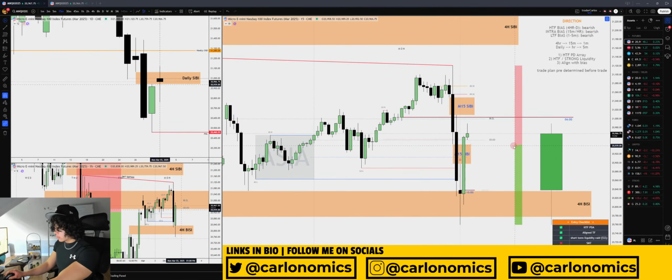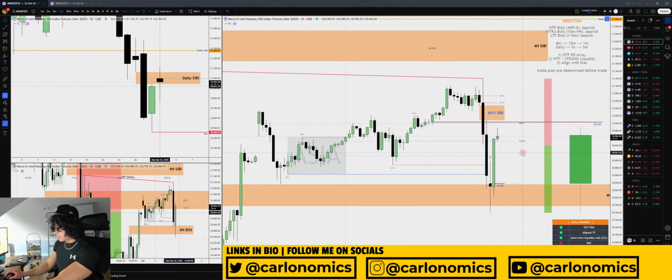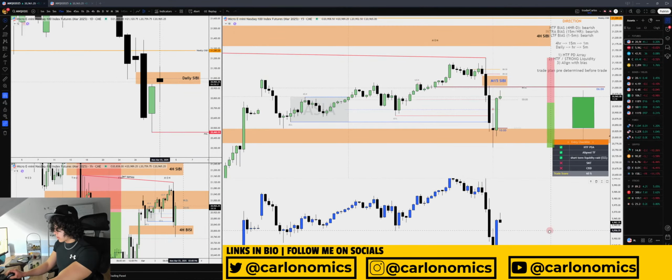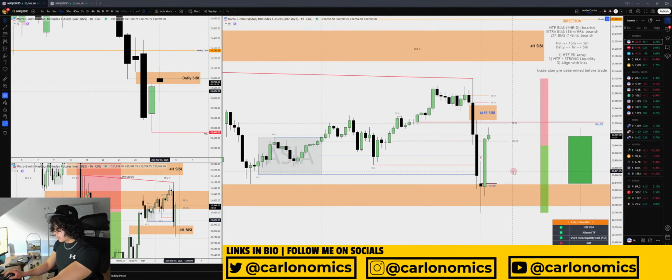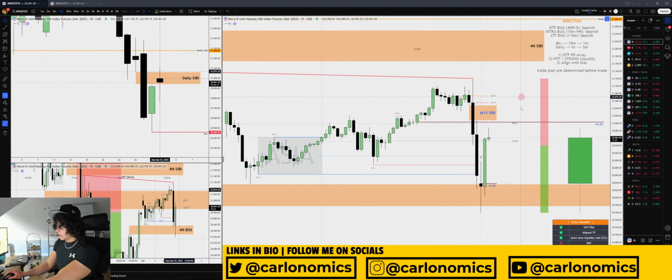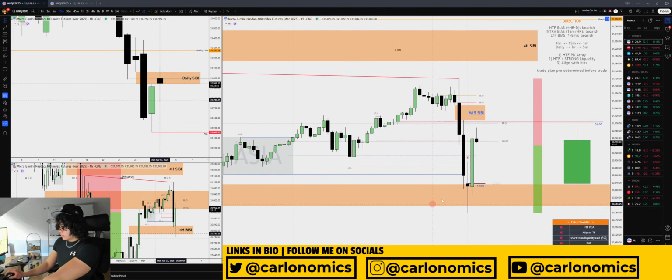So we are in premium of this range. ES hasn't gotten that full closure of that 15-minute gap though. So NQ could be the one that pushes higher into this 15-minute gap first. Let's see.